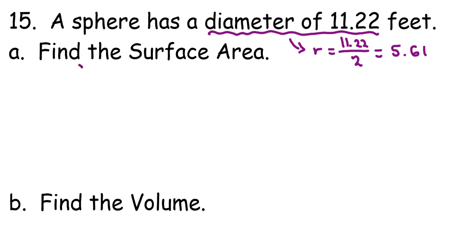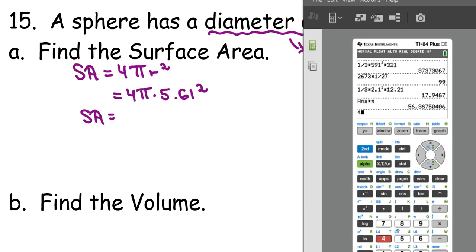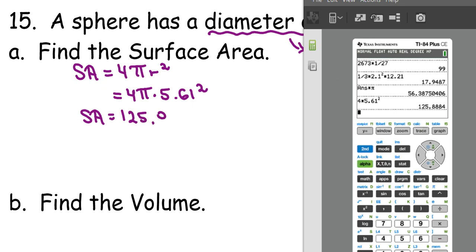So surface area formula. Surface area, SA or S or A for surface area, 4 pi r squared is the formula. And so 4 pi times 5.61 squared. And if I punch that into my calculator, everything except for the pi, 4 times 5.61 squared, I'm going to come up with 125.8884 pi.